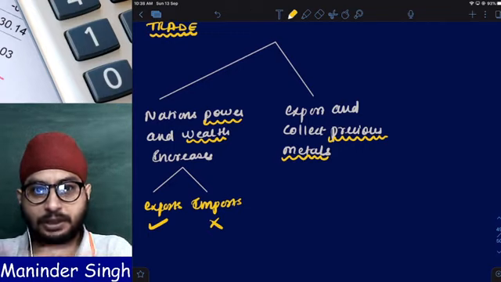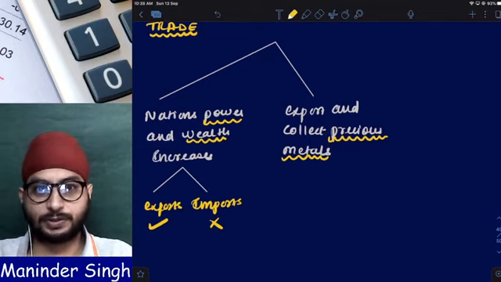Now tell, will it set off or not? 100% advantage, 100% disadvantage. Will it become 0? Yes, I am plus 100, you are at minus 100, so it will become 0.